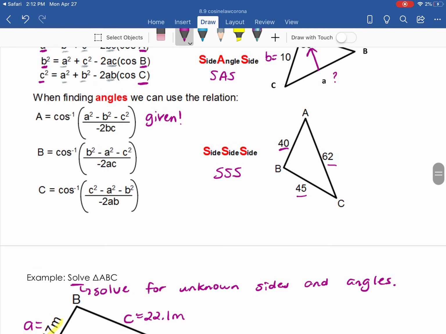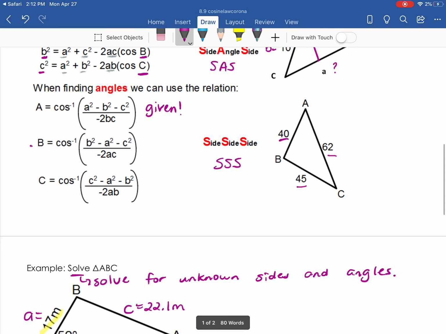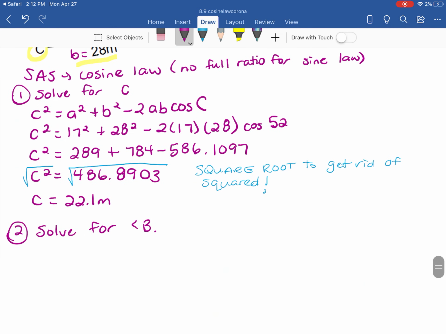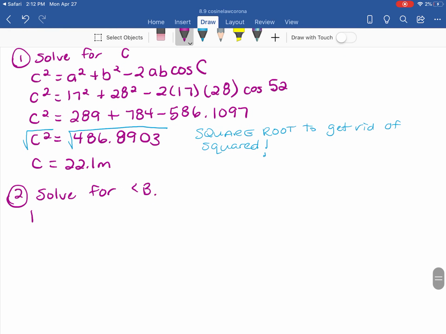Because we have both sides, it doesn't really matter. I'm going to do angle B, but it doesn't matter. Okay, so I'll use this form first here, this angle form, but then I'll show you how you can also solve it using algebra if you don't like this, because it is a little bit hairy here.